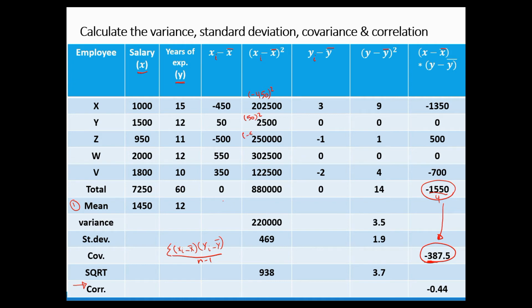Here we square the negative 500, and here we square 550. For the y's, we have to square the difference between yi and y bar.